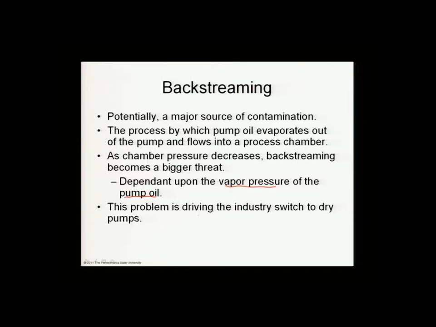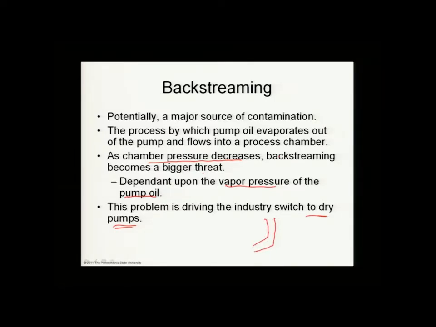And this problem causes a lot of companies to switch to dry pumps, which don't use any oil at all in the pumping process. So there's a dry pump version of the pumps for this pressure range, and they're becoming increasingly popular.